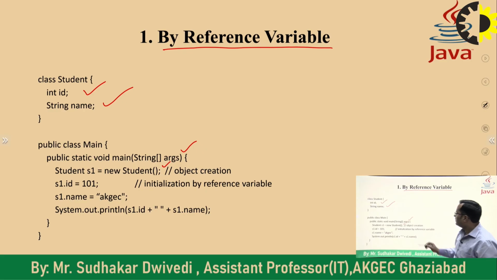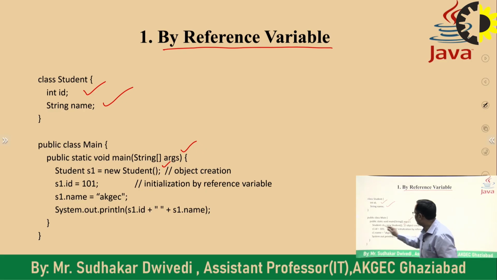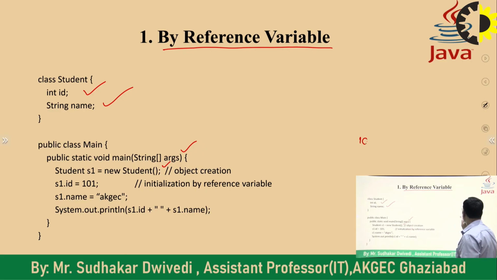But if I write only the ID, it has no significance until we link it with a particular object. An instance variable has no significance until we link it with a particular object. That means we are referring to these variables through the objects, which is why it is known as the reference variable.